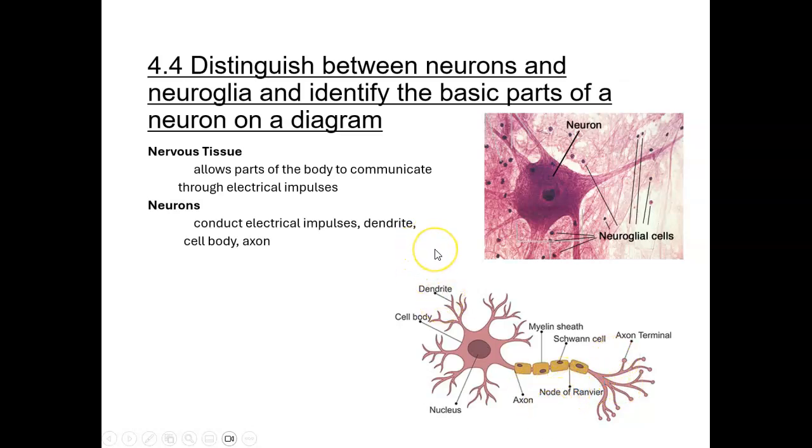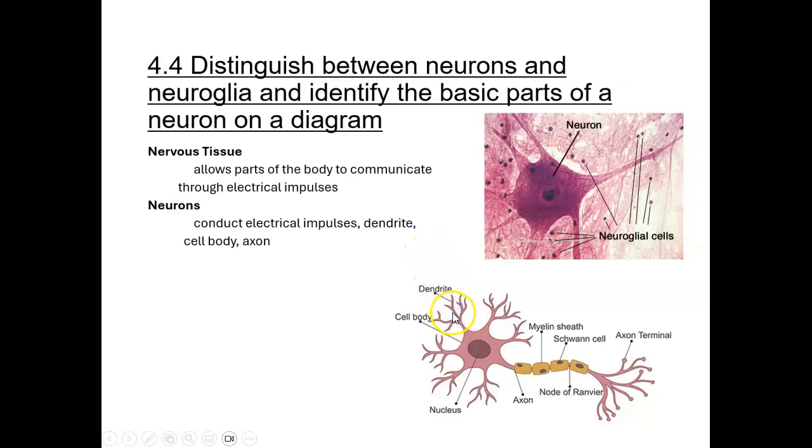But so if the neuron is conducting impulses, think about, you plug a cord into the wall. The electricity is only going to run one way. It's going to go from the plug to your apparatus that you've plugged in. So neurons are the same way. The dendrites actually receive information.